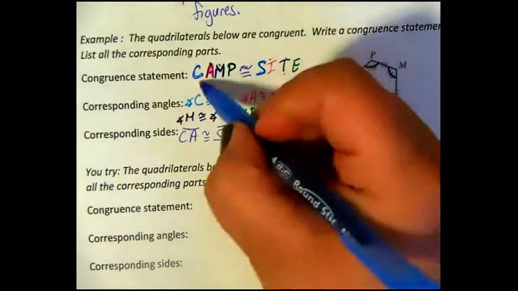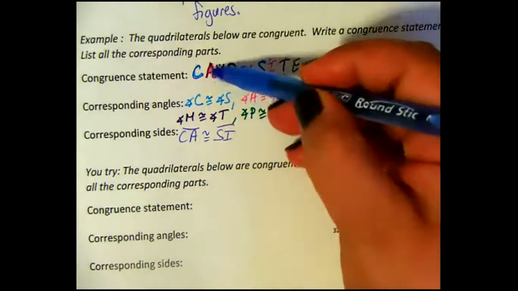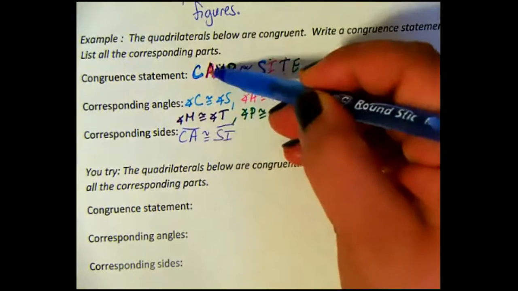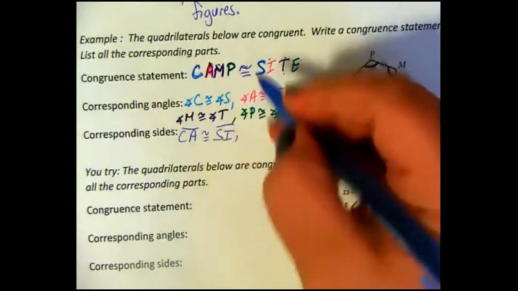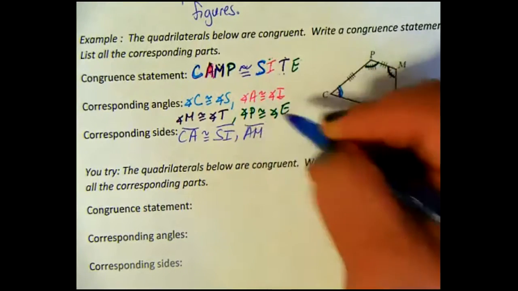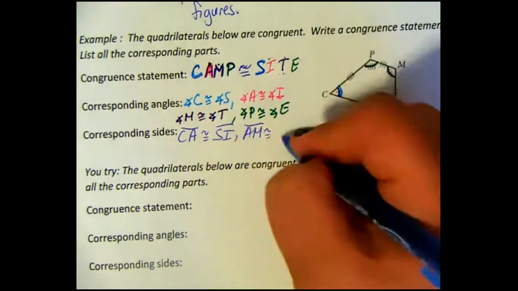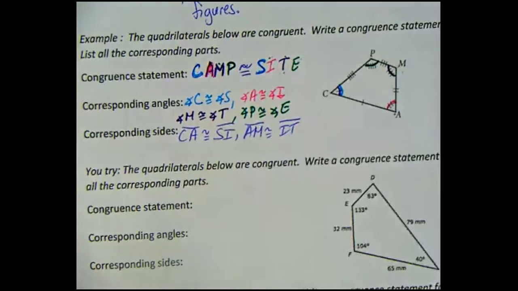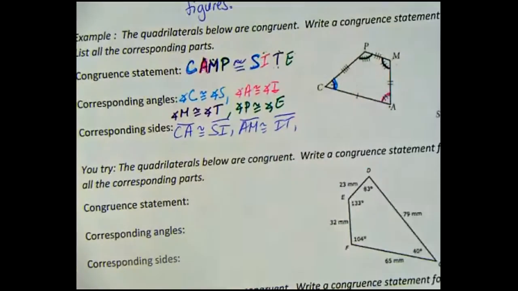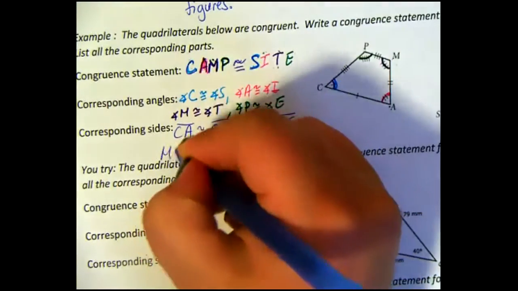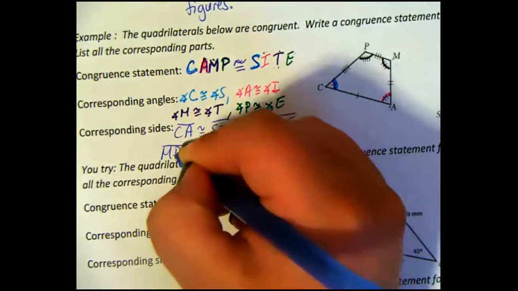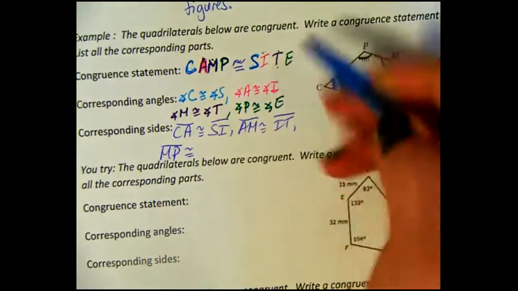That's the first pair. And then I don't skip, just because I had A here. I start with the second letter there. So AM is congruent to IT. And then segment MP is congruent to segment TE.